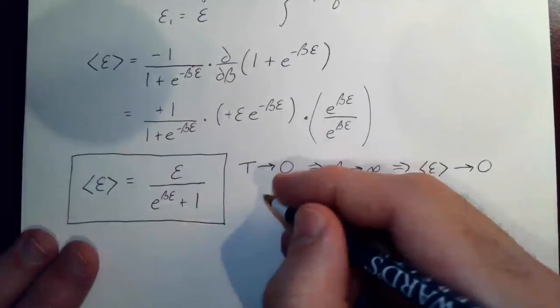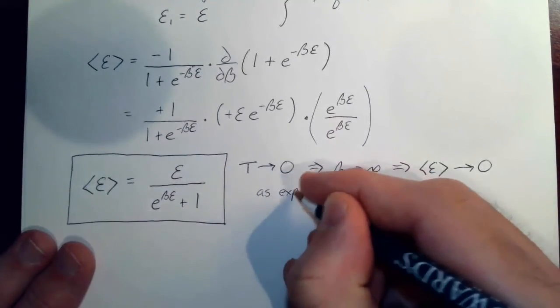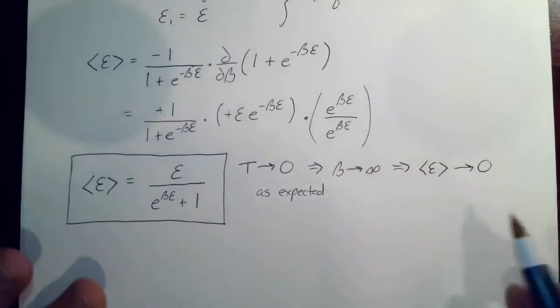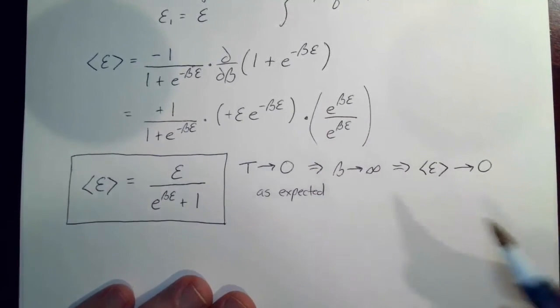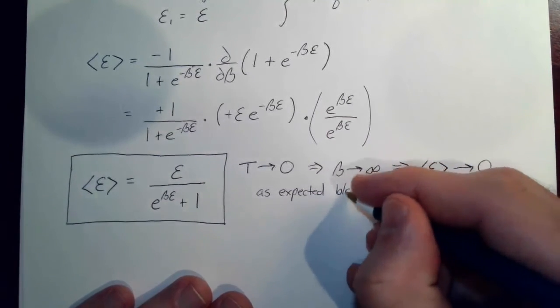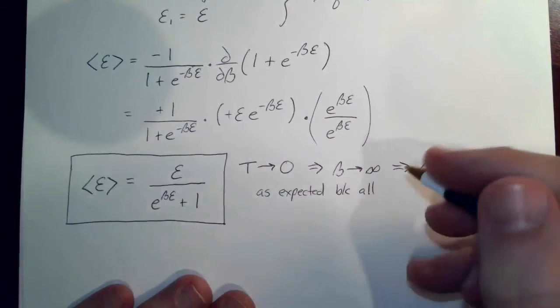And this is the exact behavior that we would expect, because the average energy is 0 because all of the molecules are in the ground state when the temperature goes to 0.